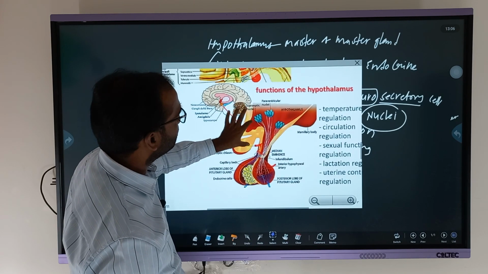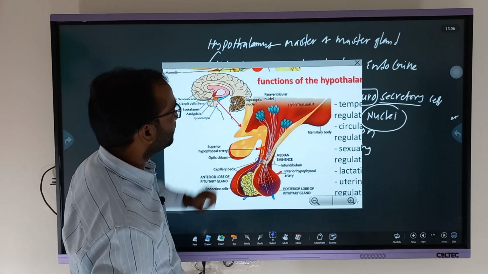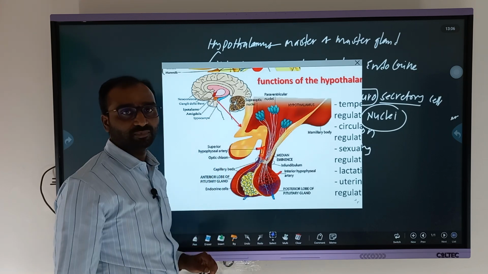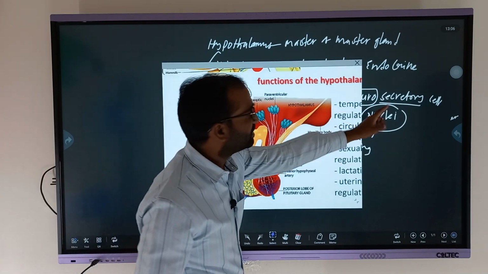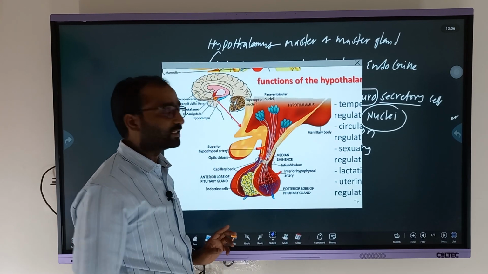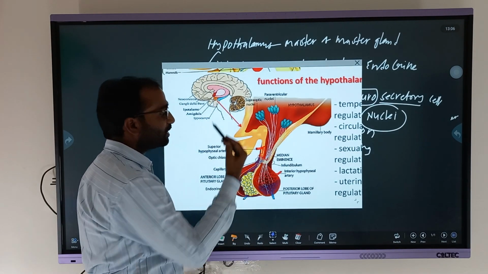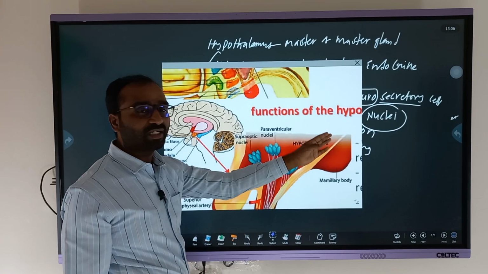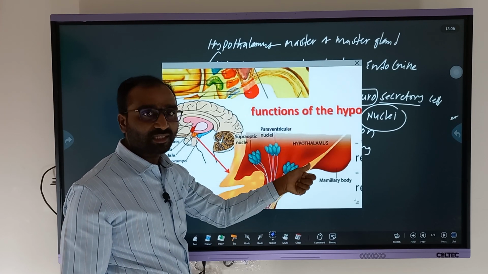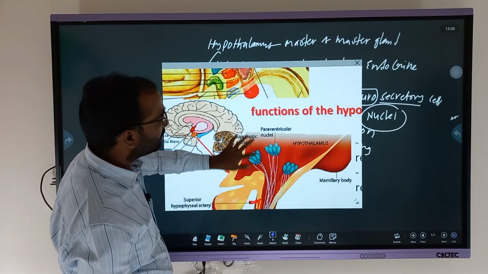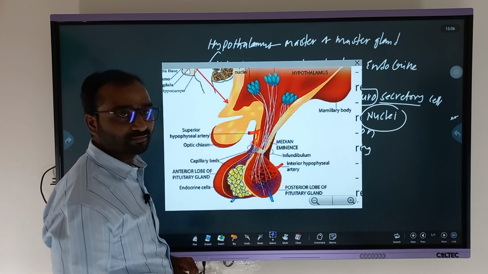See here, this is the hypothalamus region. As I told you, these are nuclei. What are those? Neurosecretory cells, and these neurosecretory cells are called nuclei, which produce the hormones. These hormones are of two types, as I told you: releasing hormones as well as inhibiting hormones.